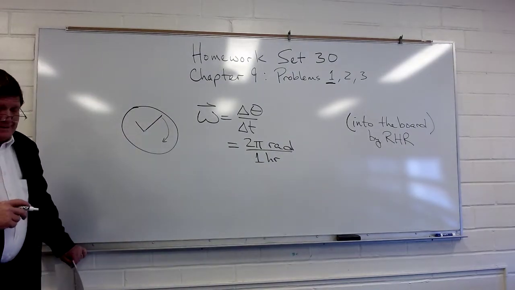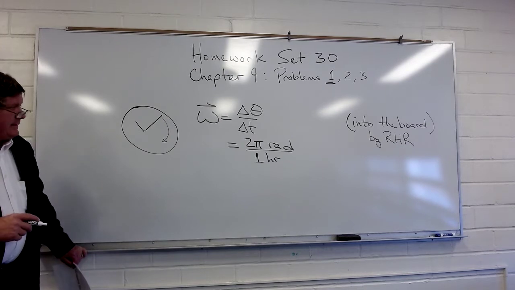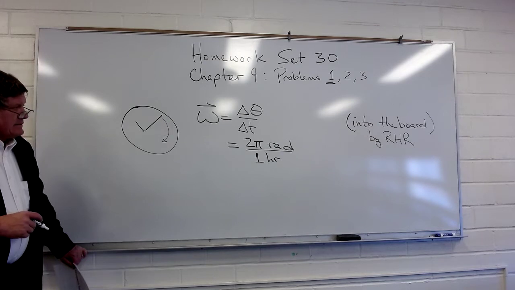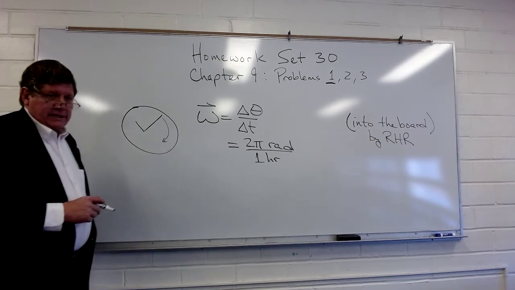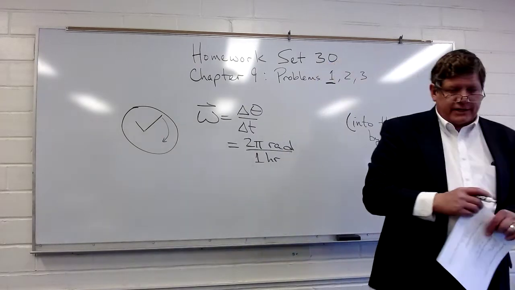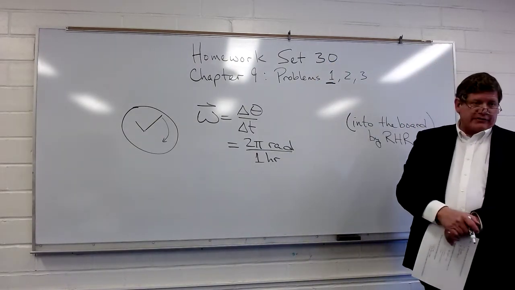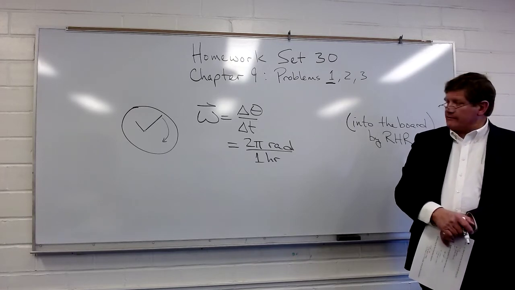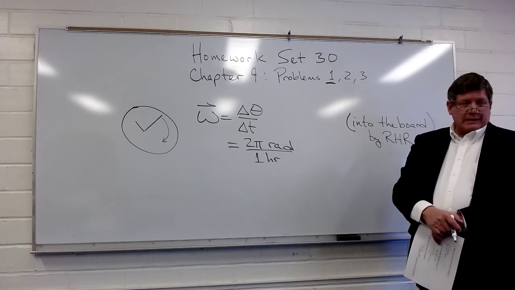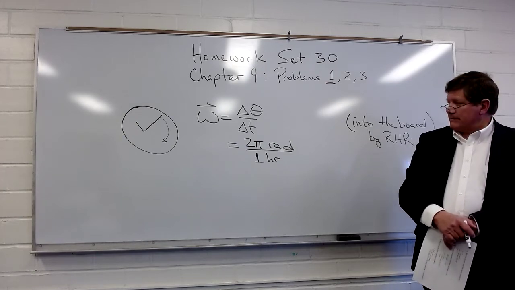Well, that's an answer. It's certainly correct. It's just not in the units that we normally associate with angular velocity. In MKS units, we typically use the second as the unit of time, and so what we would like is the number of radians each second.